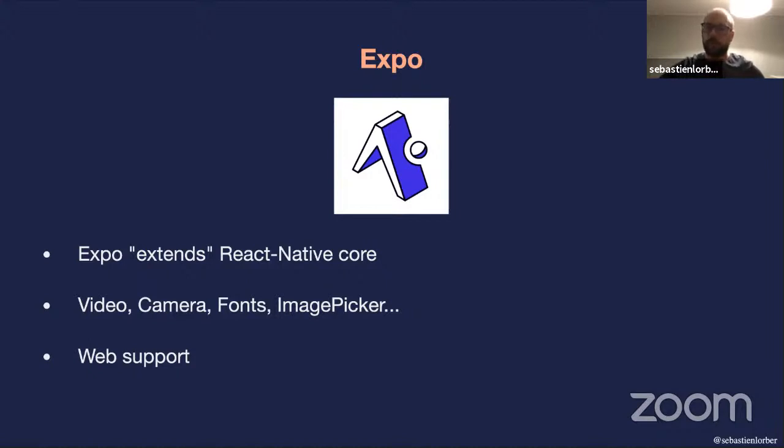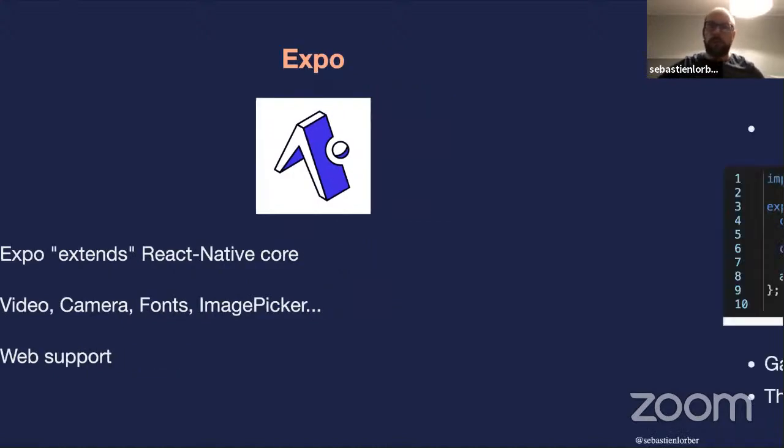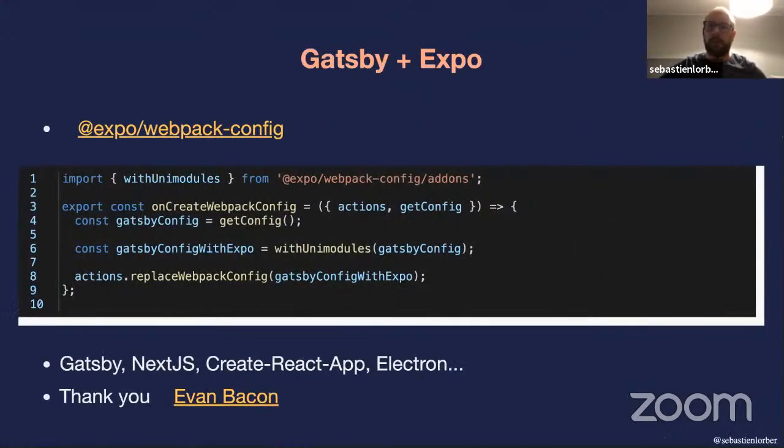And there's also something else that they published: their toolchain to be able to bring Expo web support through Webpack. There is a package named Expo Webpack config. Basically, if you have a project where you want to try React Native Web, you can use this config.